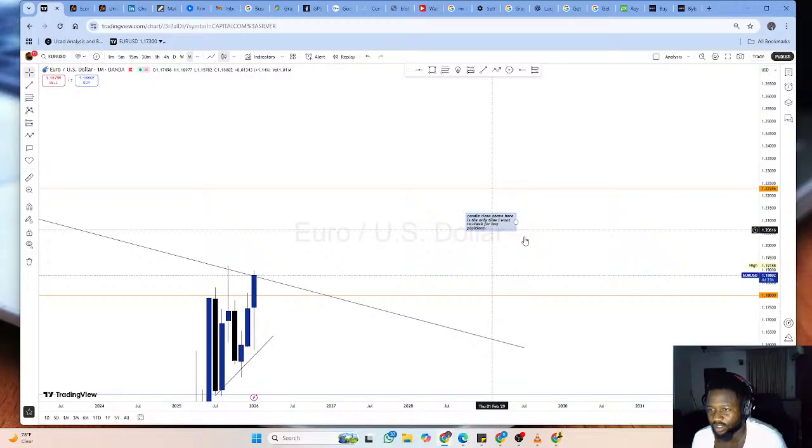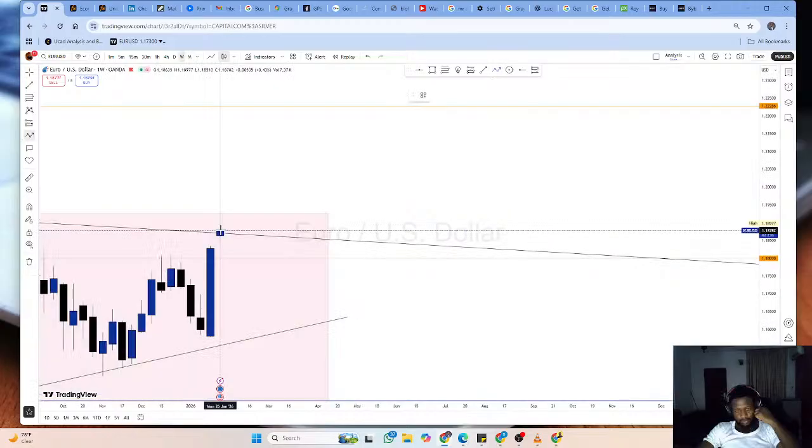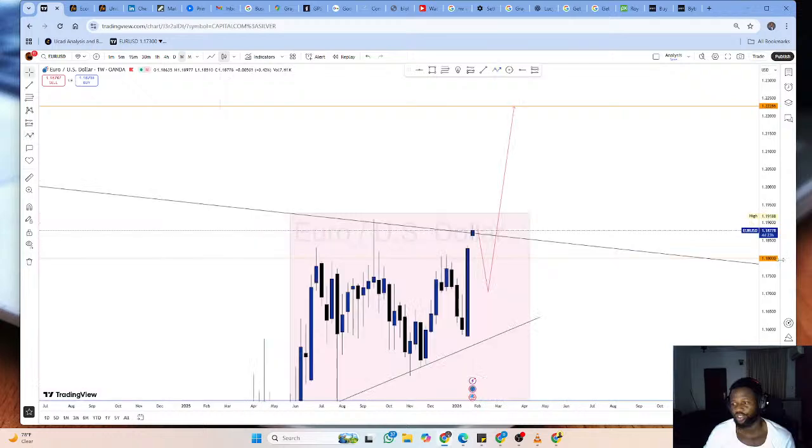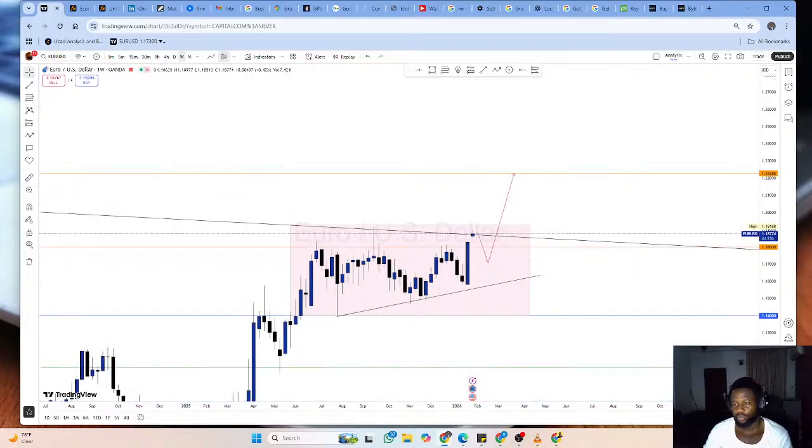So let's see if the dollar weakens, then if it strengthens a little bit, maybe a pullback, and then a push, because that is actually how to trade a consolidation. But I'm not willing to look at anything in there.